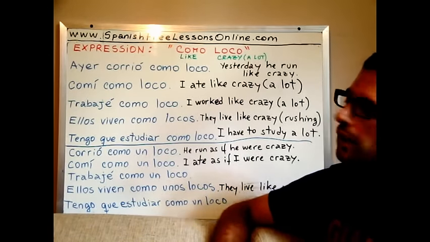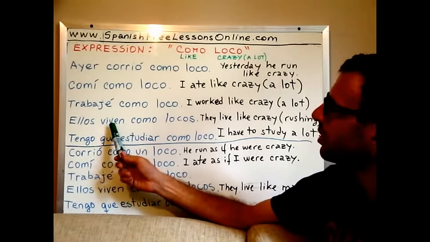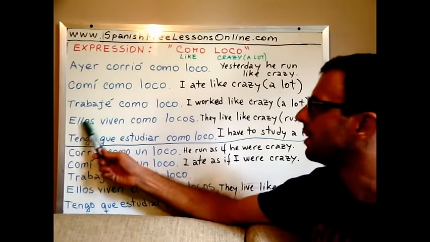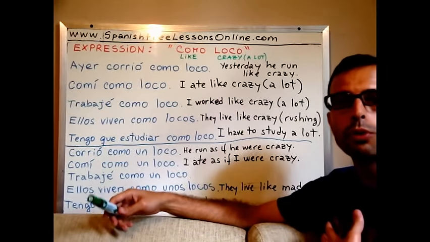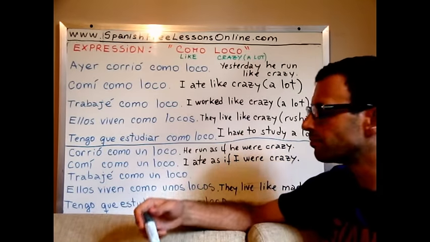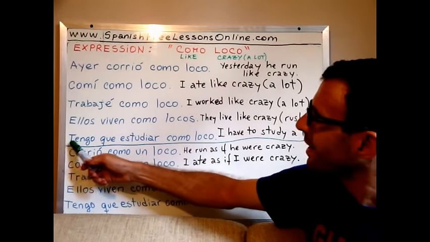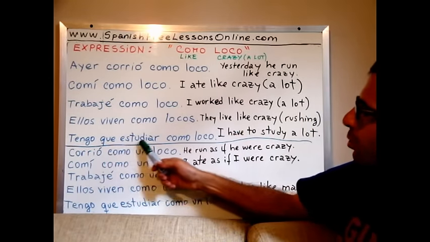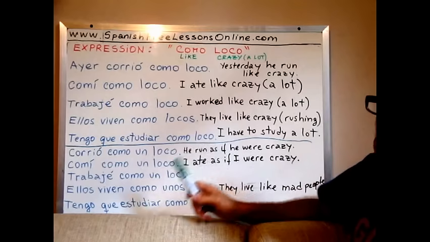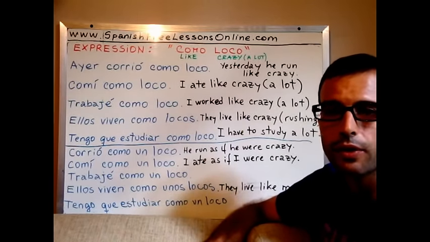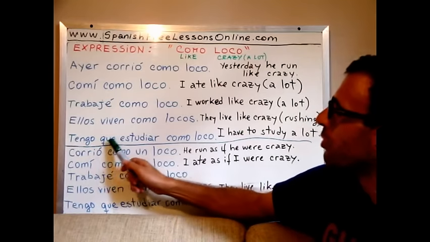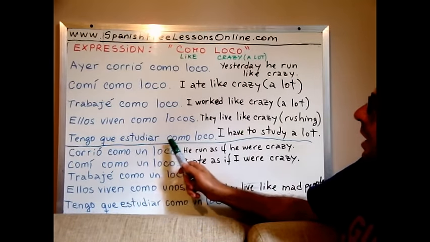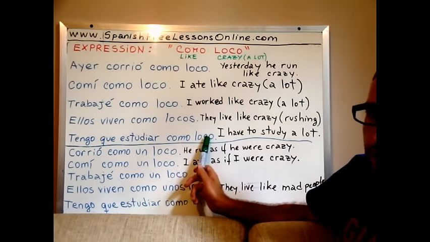So that's the connotation of this sentence when you say they live like crazy. Ellos viven como locos. Or vivo como loco. I'm always in a rush. Tengo que estudiar como loco. I have to study like crazy, right?